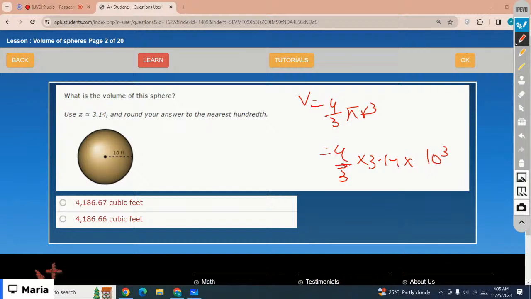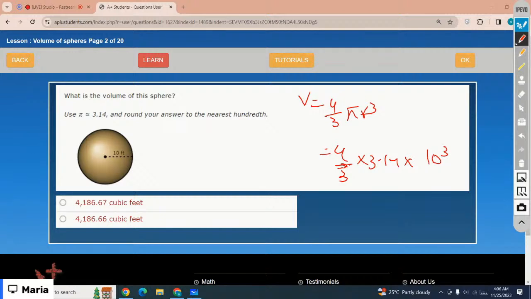So let me just do the calculations. Multiply by 3.14, multiply by 4, that is 12,560 divided by 3.